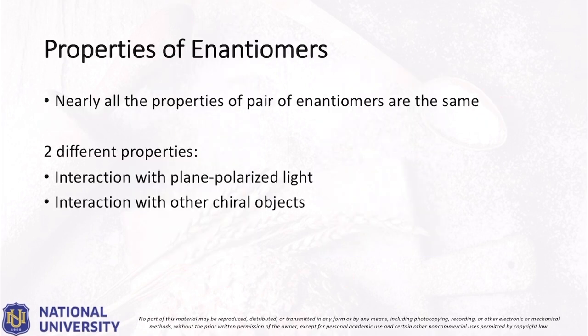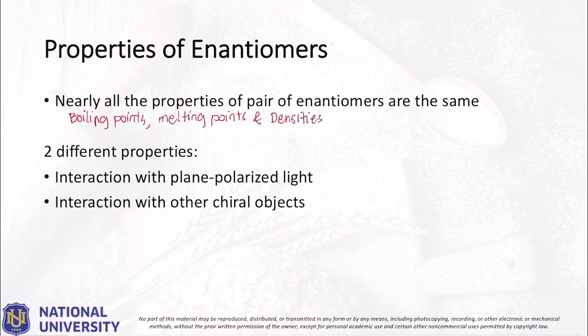Next, properties of enantiomers. So, nearly all the properties of pair of enantiomers, yung D and L, are the same. No, they have identical boiling points. Also, melting points. And densities.